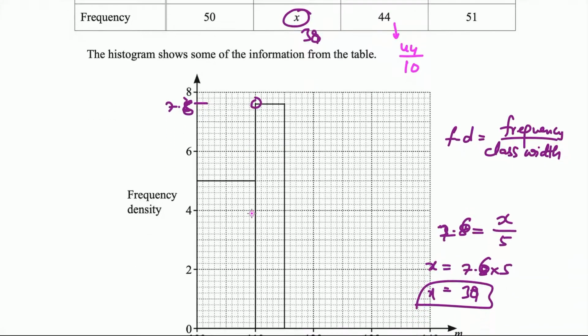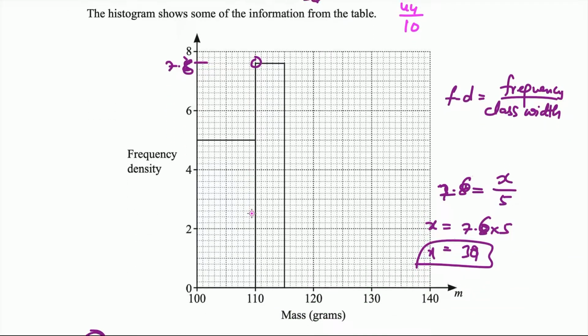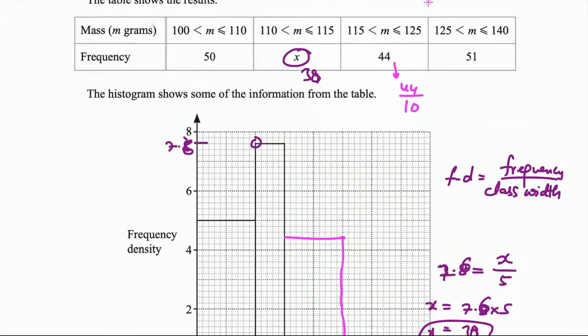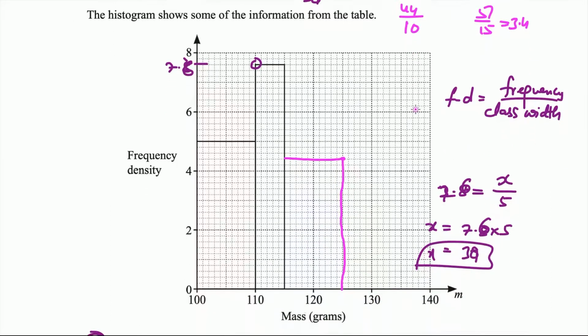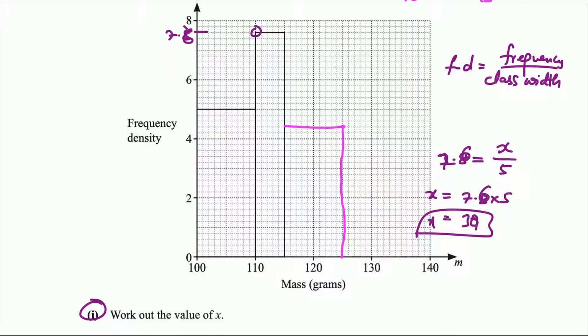So it will be 4.4 until 125. And in the last one, the class width is 15. So this is 51 by 15, which is 3.4. And so for the last class, we would have to draw until 3.4.